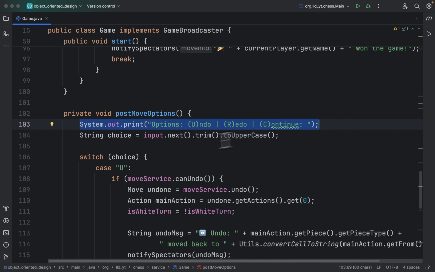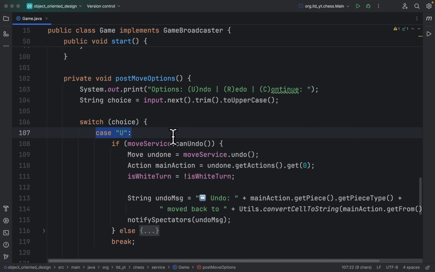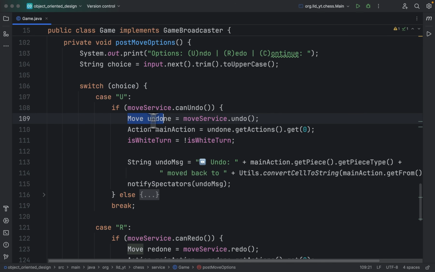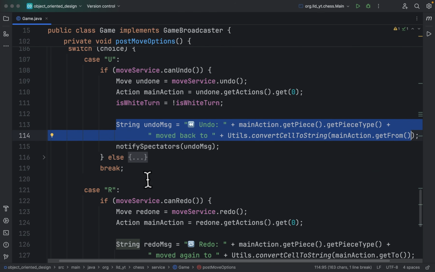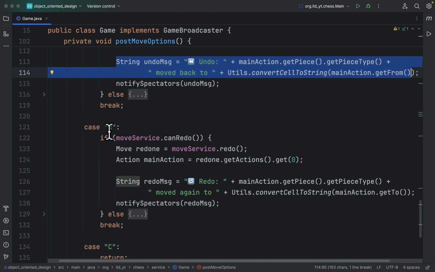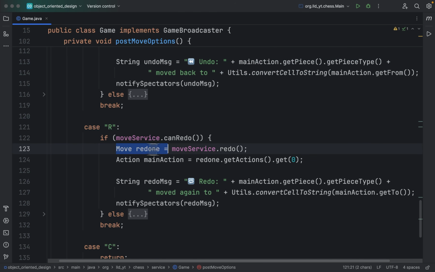Now coming to these post move options, we would have three different options: undo, redo, or continue. If we select undo, then we would perform the undo operation and we would update the spectators regarding that. Similarly, if we select redo, again we would perform the redo operation and we would update all the spectators.